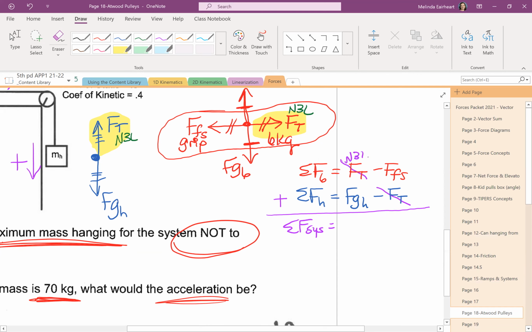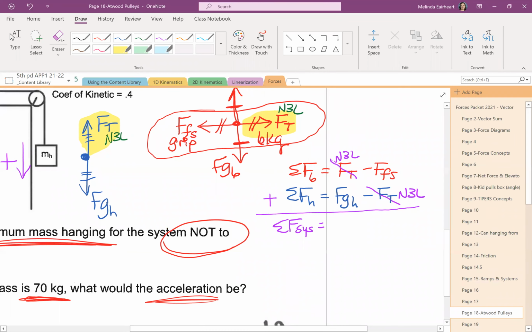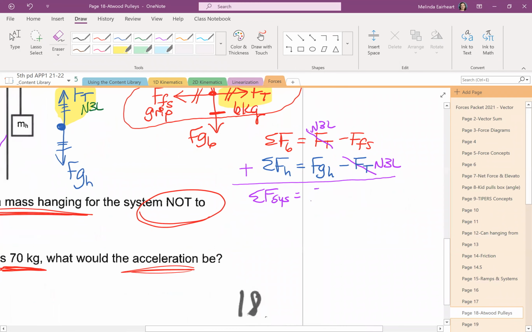Your Newton third law pairs are internal to the system. They should cancel out when you take a system approach. And what remains? We've got the weight of the hanging mass. Now with our side-by-side, it was minus the weight of the other object, but notice the other side's on a table. The other force would be the frictional static force. Everybody good there?